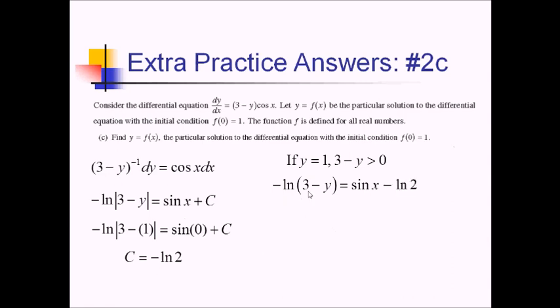All I need to do now is isolate the y. So I'll start by negating both sides. Ln of 3 minus y equals negative sine of x plus ln of 2, or ln of 2 minus sine of x, either of those. Next, we're going to raise e to both sides to get rid of ln. So that's 3 minus y equals e to all that stuff.